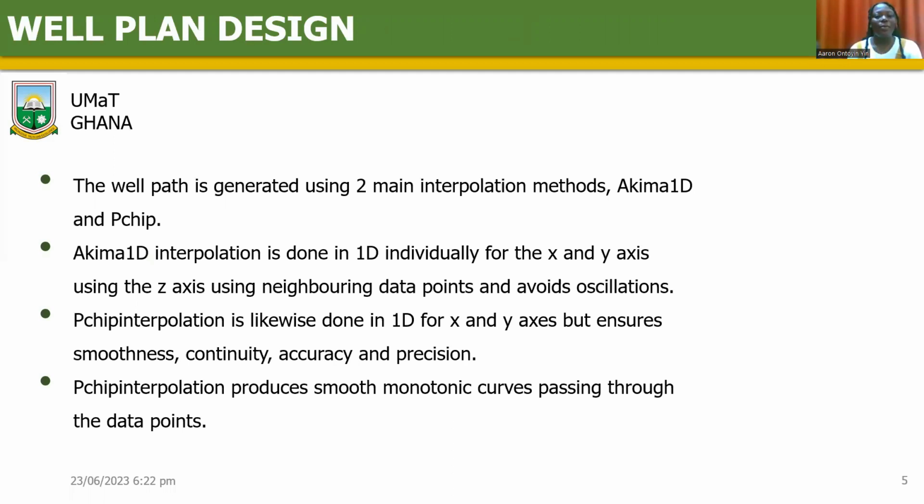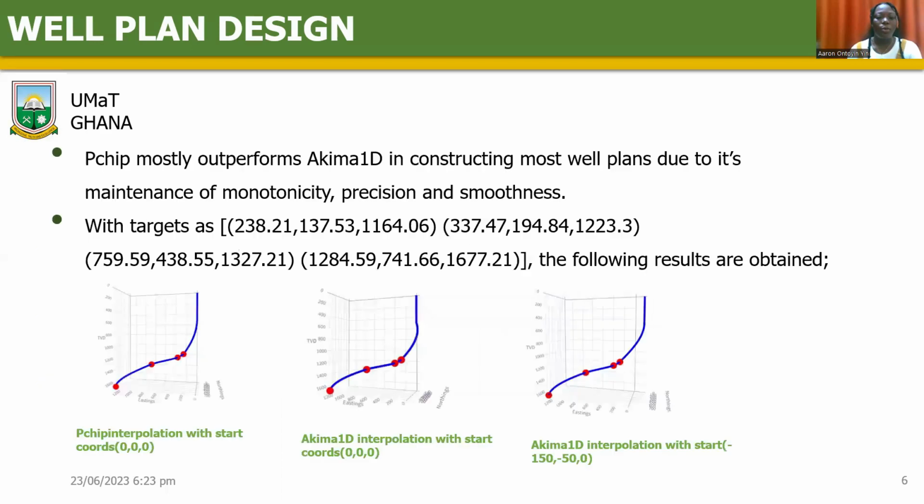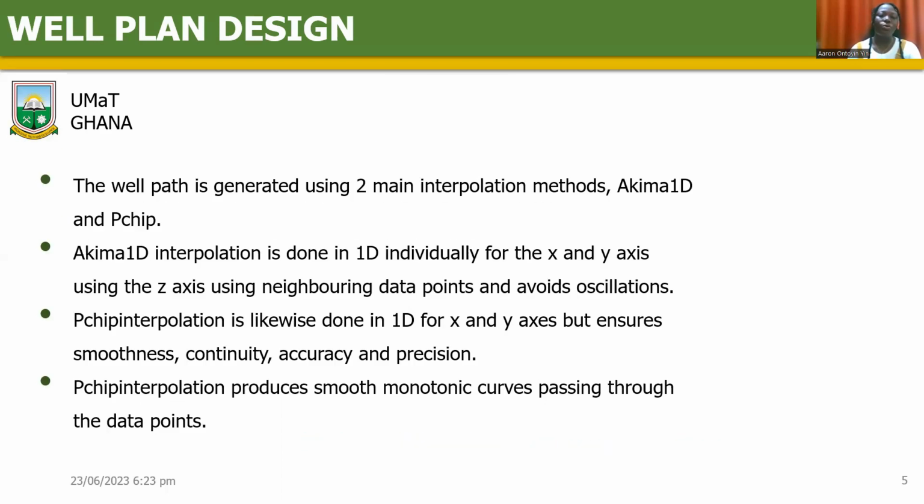In designing of the work plan, we use two main interpolation techniques, which is the Akima 1D and P-chip interpolation. So the Akima 1D interpolation is used to calculate the derivative at a given data point, while the P-chip interpolation is used to construct smooth monotonic curves passing through the given data point.